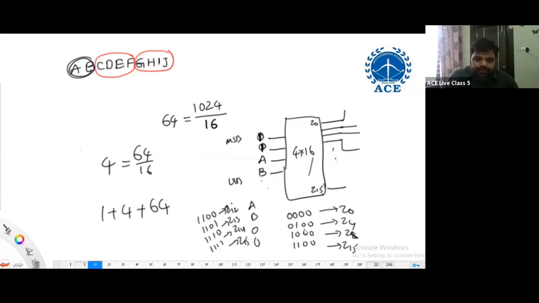Yes, it is 69. Yeah, you can try in any number of ways, but finally it has to meet the expected function. Yes, Pratyush. Yes. No. Minimum, when it is asked, you need to go with 69 only. Sivalila. The minimum number of 4 to 16 decoders required to implement this is 69.